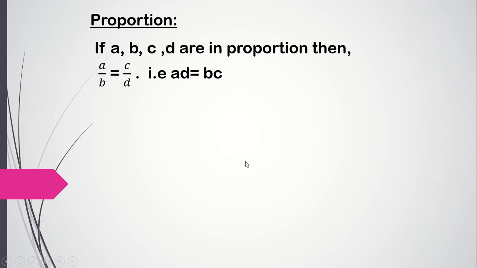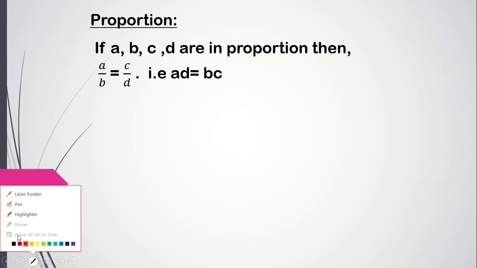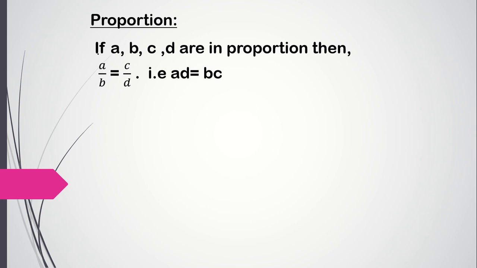And what is the continued proportion? Here you will have the numbers A, B, C, D as it is, and the word continued means this number B will be repeated.